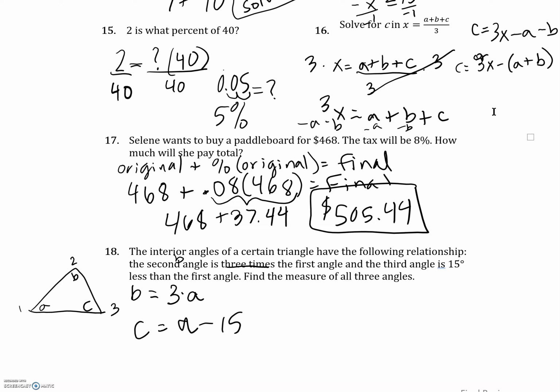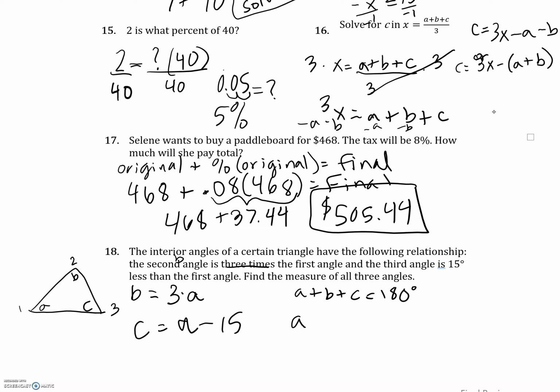And what they don't tell you in that problem, something you should already have memorized, is the sum of all interior angles of a triangle is always 180 degrees, no matter the size of the triangle. So we got A plus B plus C. That gives me 180 degrees. So I'm going to plug in what I know about the other angles.